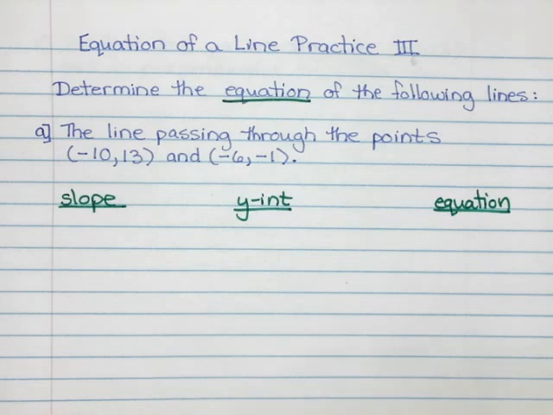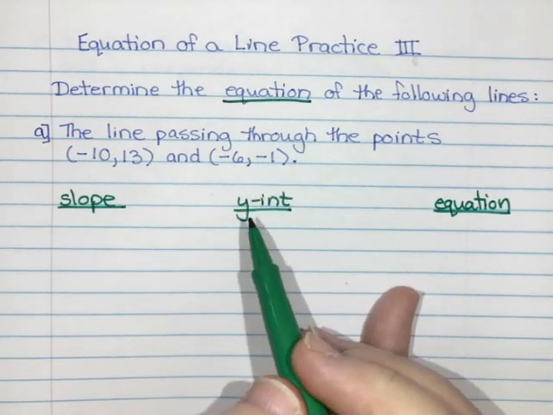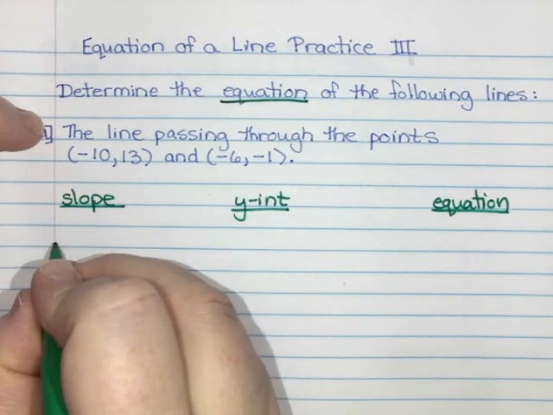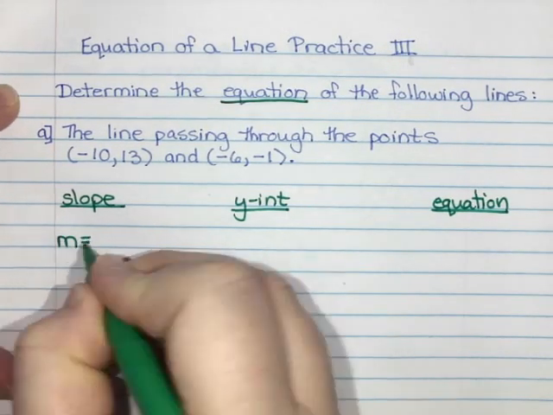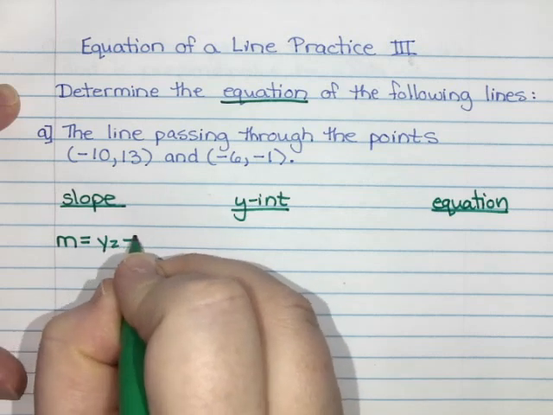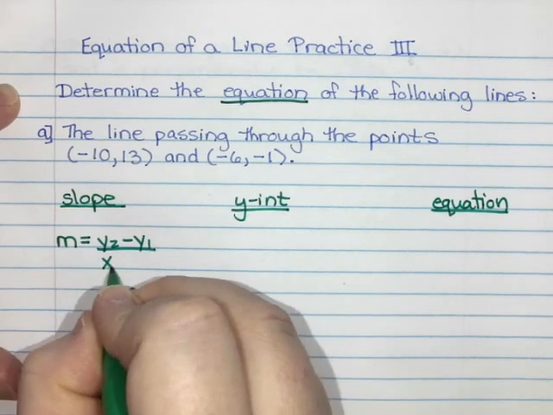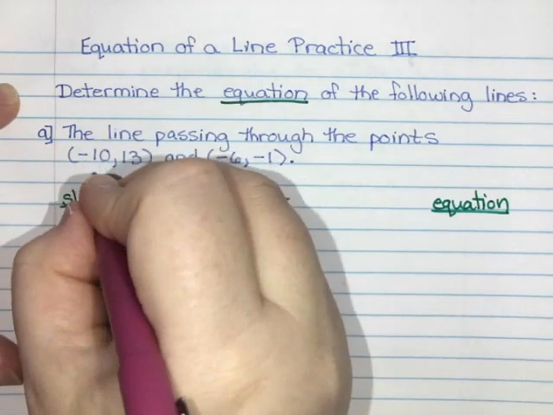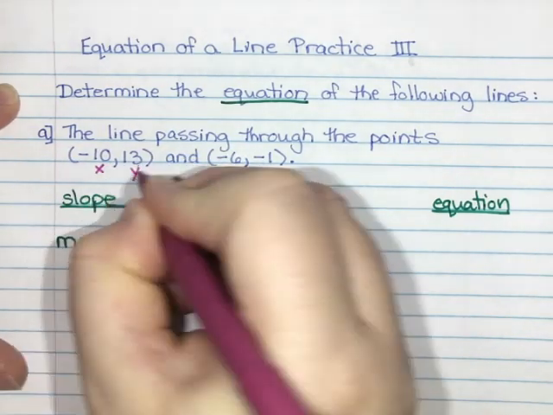No. But they did give me 2 points, and I have a formula that I can use to calculate slope from 2 points. So our formula is m equals y2 minus y1 over x2 minus x1. Every point has an x and a y.